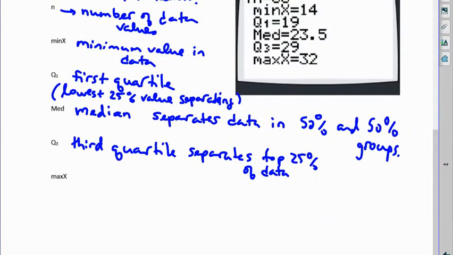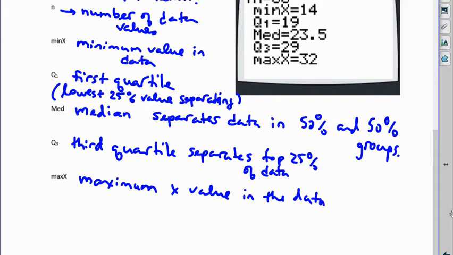And then max X, that would be the maximum X value in the data. Okay, so now you know what all the terms in that data mean.